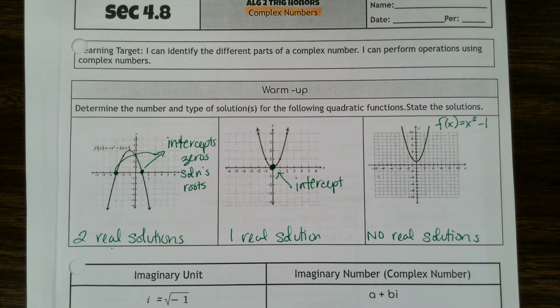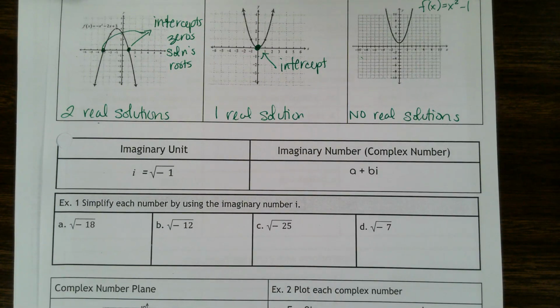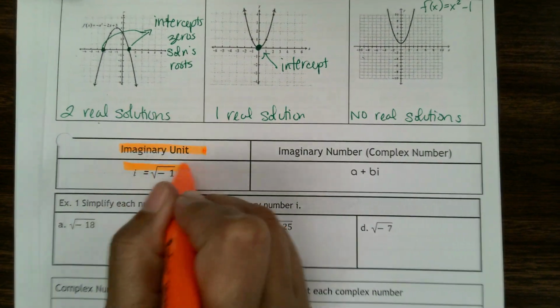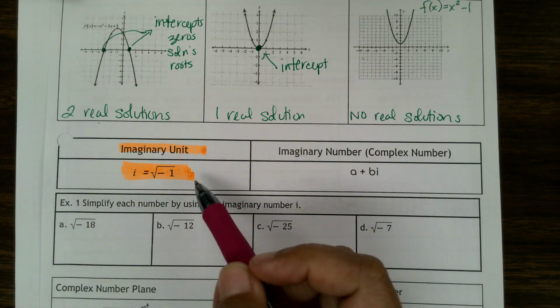Now, the main idea that I want you to come away with from this lesson is the imaginary unit. It's a number that has appeared in the past when you've done some calculations. I is used to signify the square root of -1.